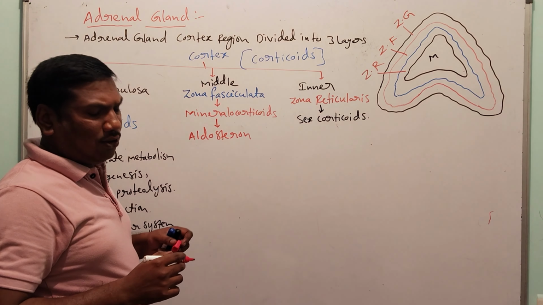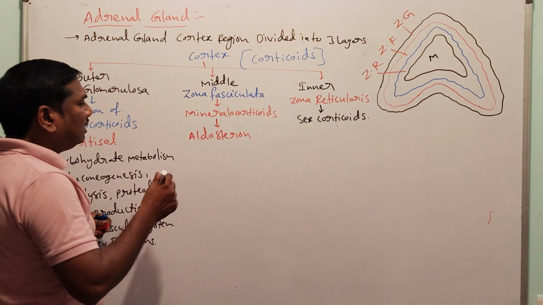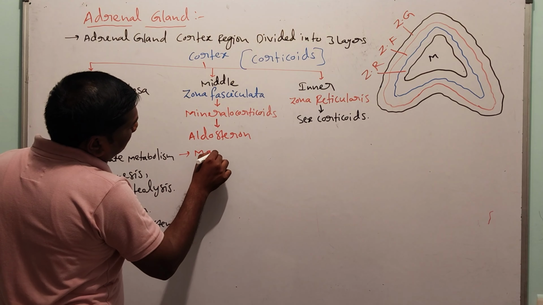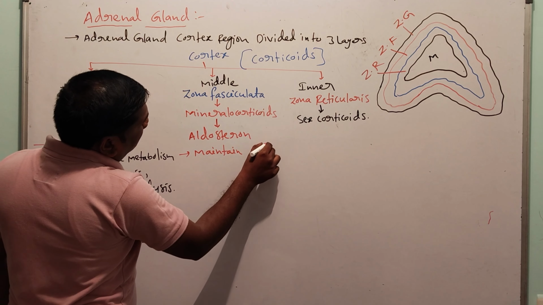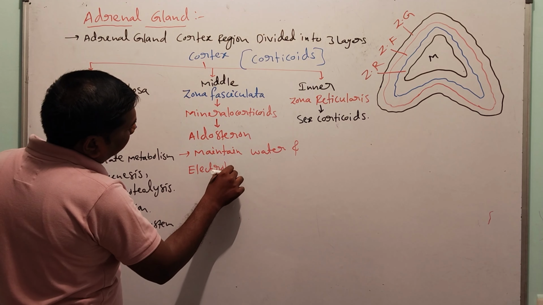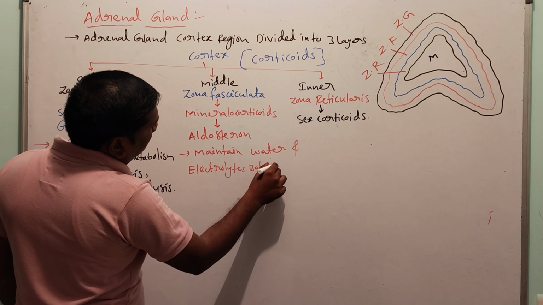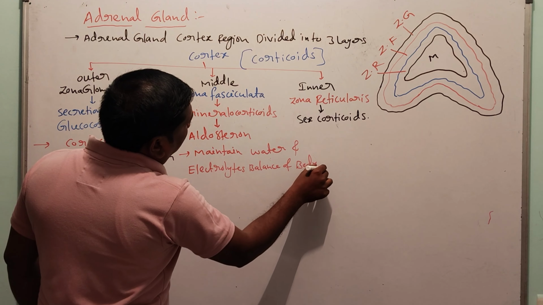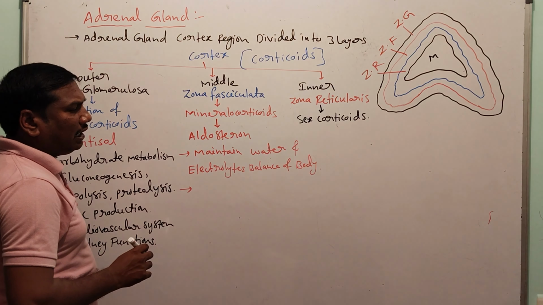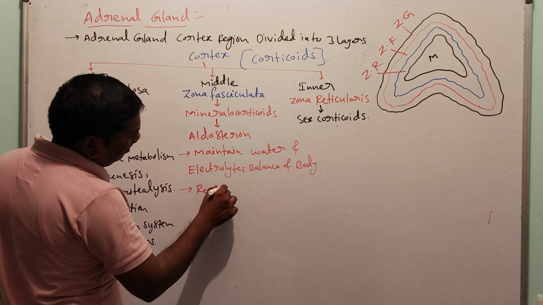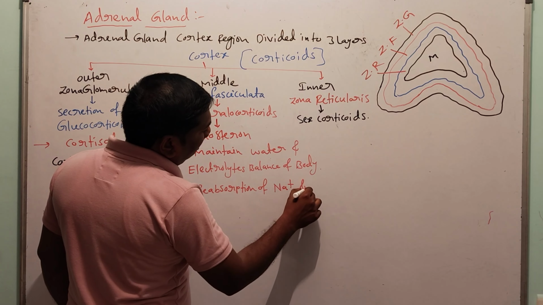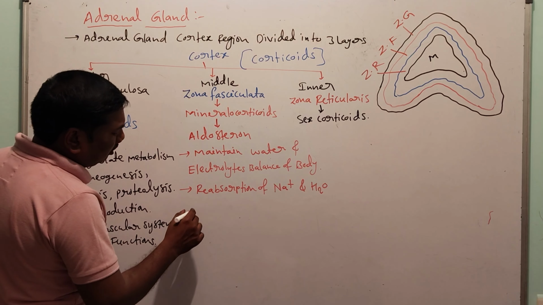The mineralocorticoid functions: they maintain the water and electrolyte balance of the body, and also help in the reabsorption of sodium and water from the renal tubules.